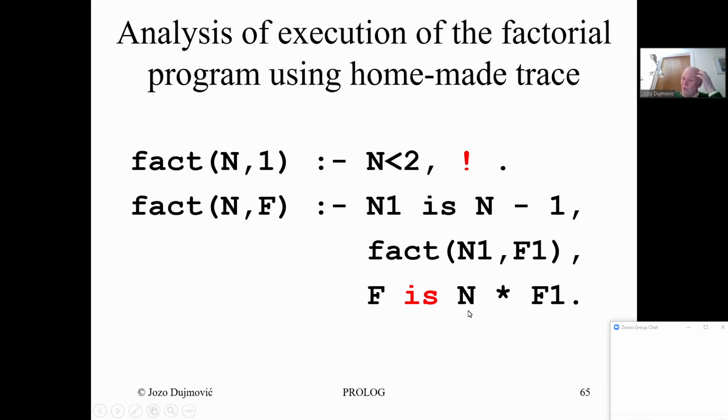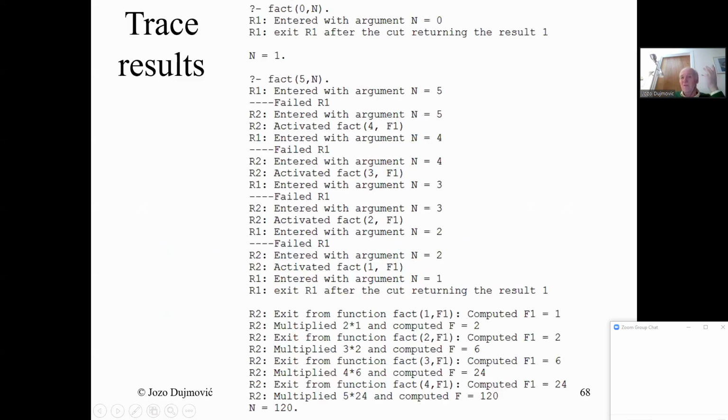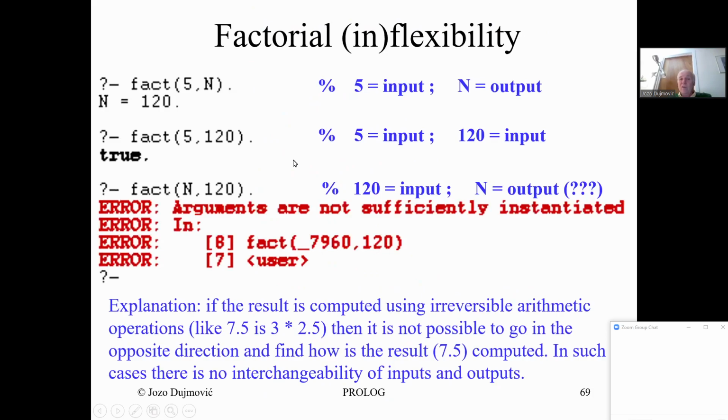So obviously you cannot find, because there is an infinite number of components that can produce the same result. You cannot go back. So this is called flexibility or inflexibility. So in the case of factorial, argument is this 5.